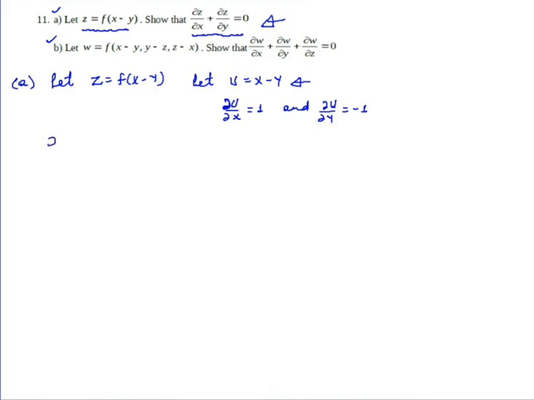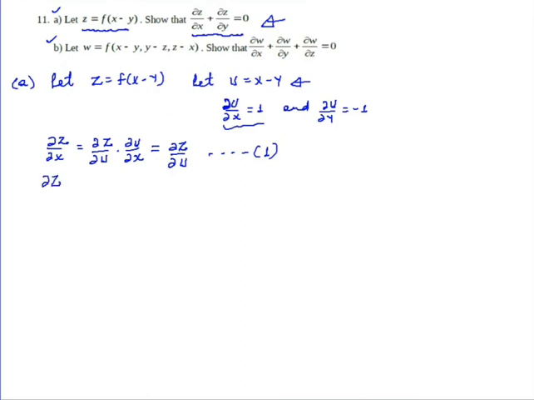Now the partial derivative of z with respect to x is the partial derivative of z with respect to u times u with respect to x. Since u with respect to x is 1, this equation becomes the partial derivative of z with respect to u. Say this is equation 1.